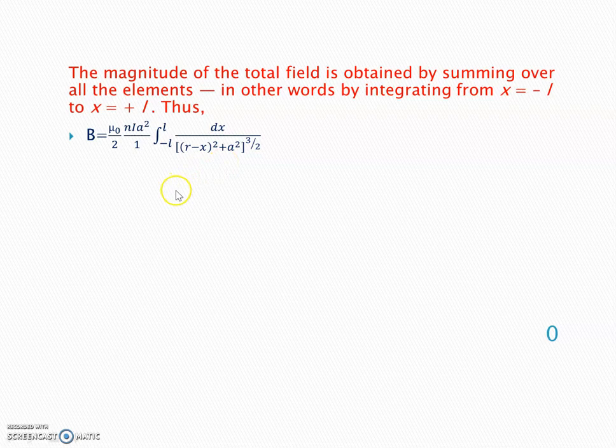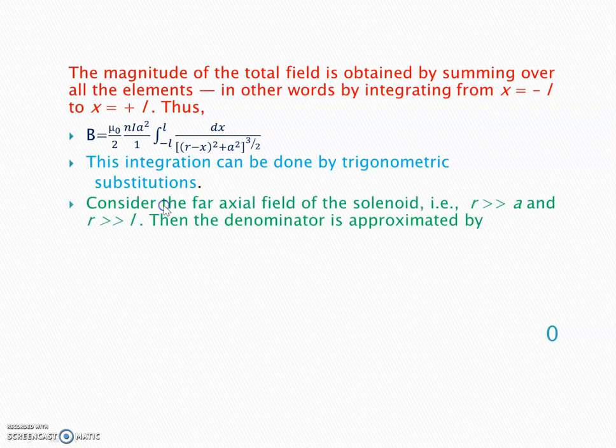If we do some approximation, as r is very much larger than a and r is very much larger than L, then the denominator of the previous relation can be converted into r cube. So this entire relation can be rewritten as this relation.